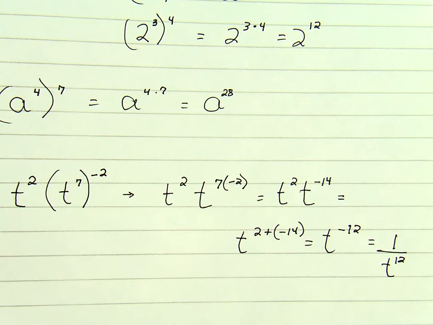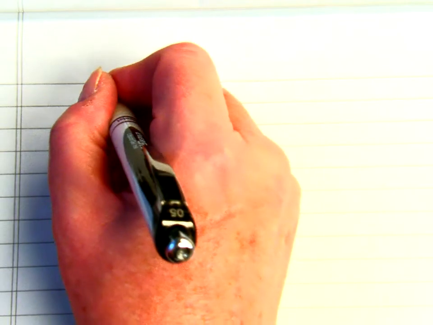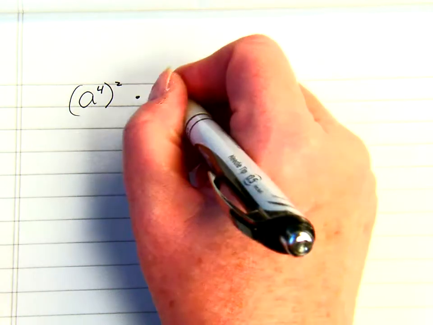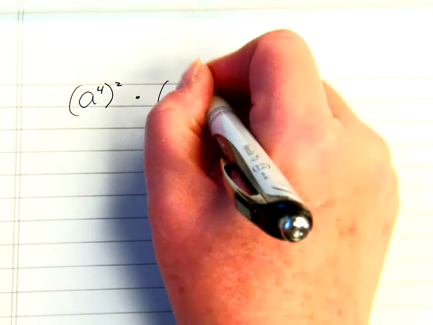Let me turn this page, and we will look at another problem. Let's look at a to the 4th squared, multiplied times a squared to the 5th.